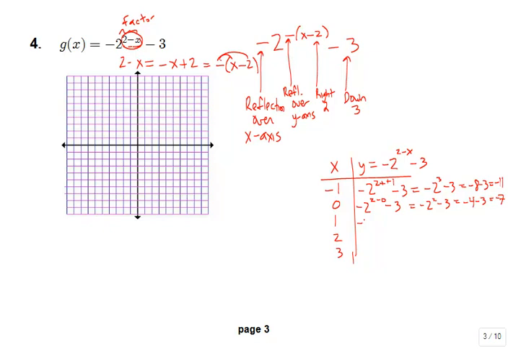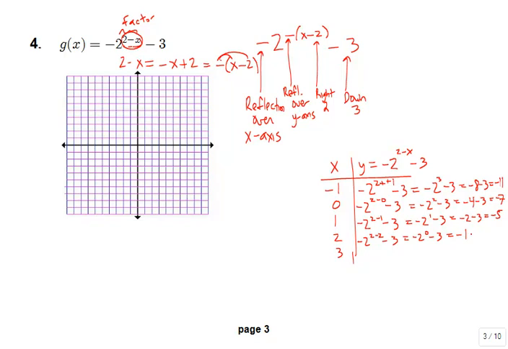If I plug in 1, 2 minus 1 is going to be 1, so -2 to the first minus 3 gives me -2 minus 3, or -5. If I plug in 2, 2 minus 2 is 0. Anything to the 0 is 1, but there's that negative in front, so keep that negative.